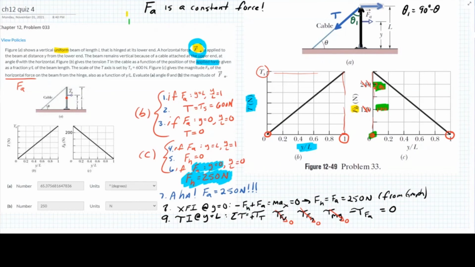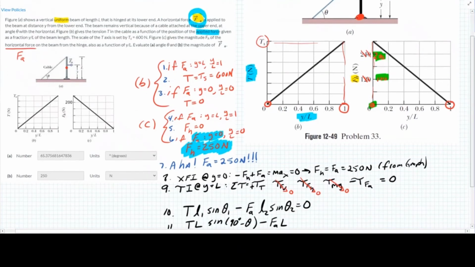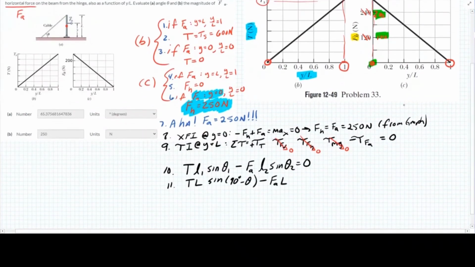Here's FA applied at y equals L. And what's this angle between these two? It is 90 degrees. So theta 2 equals 90 degrees. And that position vector from this AOR to the point of application equals L. So sine of theta 2 is sine of 90. Sine of 90 equals 1.